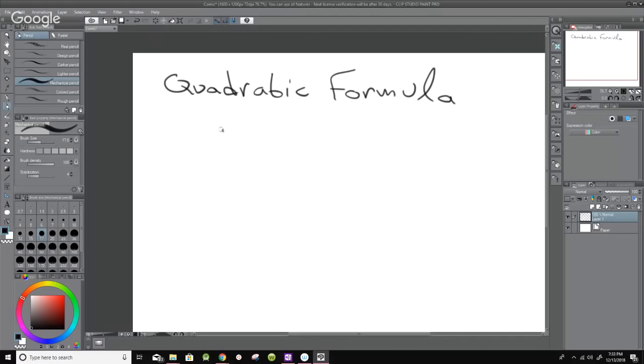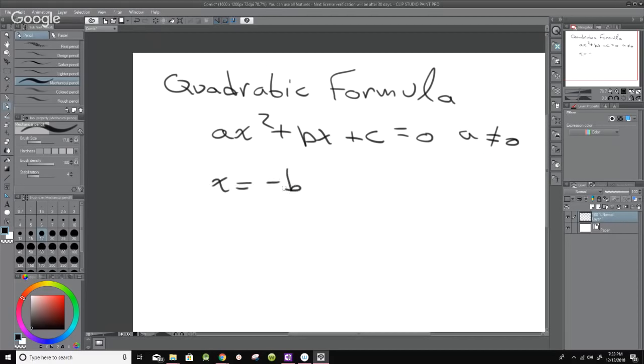If you start with that general ax squared plus bx plus c equals 0, where a is not 0, then you can do some of the manipulations that we've been doing in a more general way and show that the quadratic formula is what you end up with. And I'll just write it here.